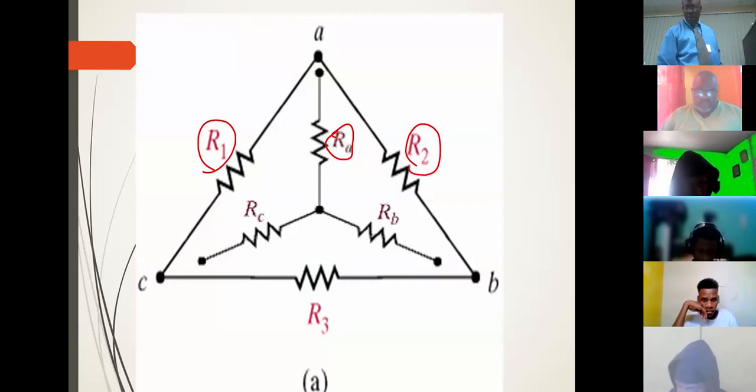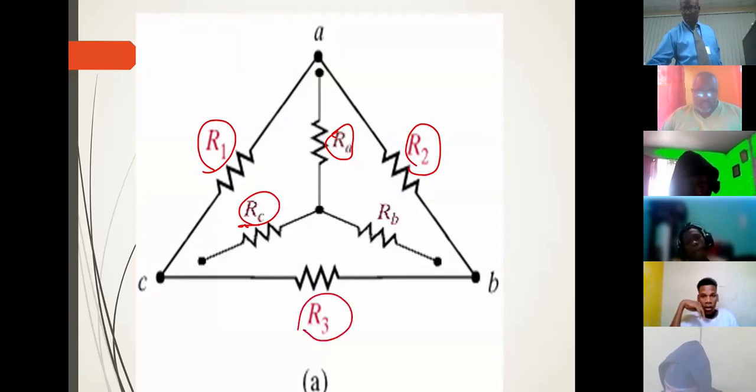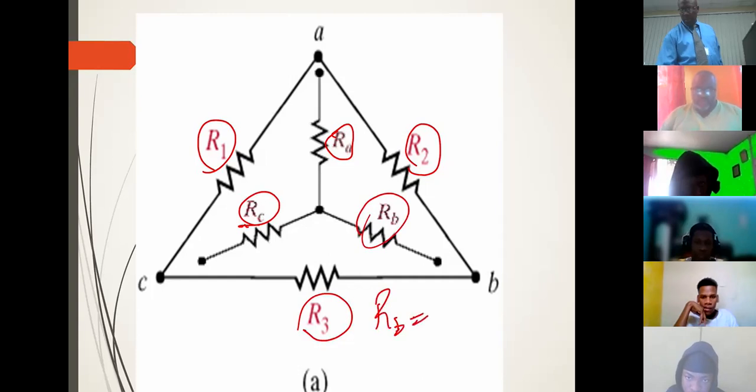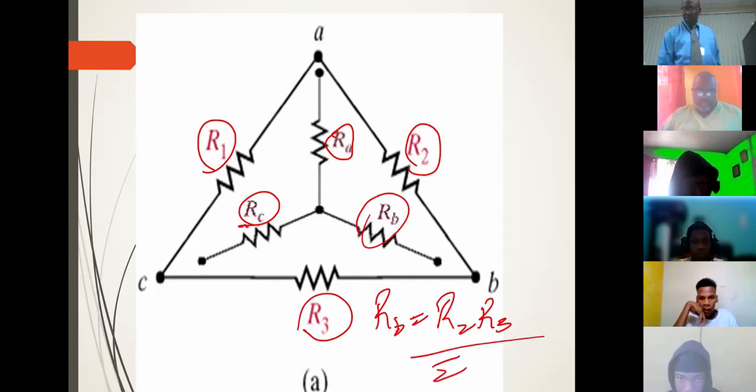So from what we have here, RC would simply be R1 times R3 over R1 plus R2 plus R3. RB would be R2 times R3 over the sum. Any questions?